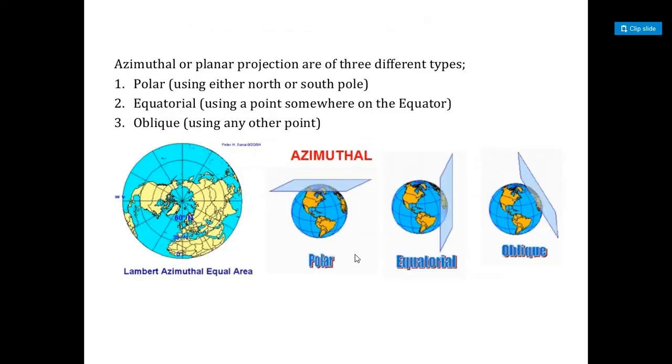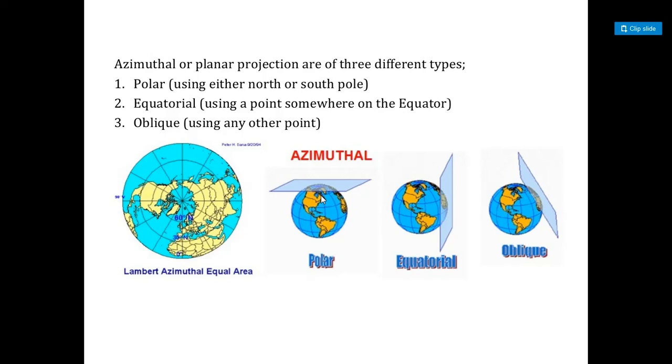So here, if you see, the paper is touched at one point of the pole. So it is tangent at the pole, known as polar.